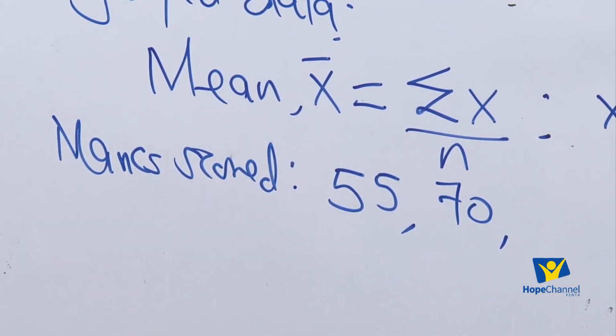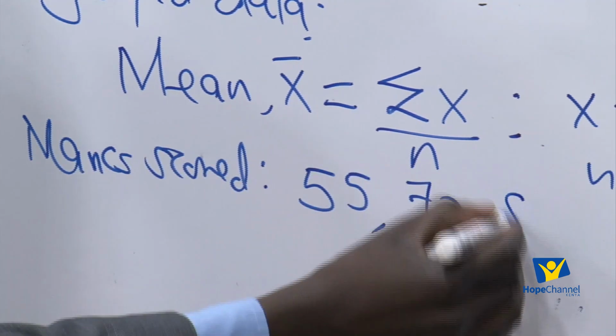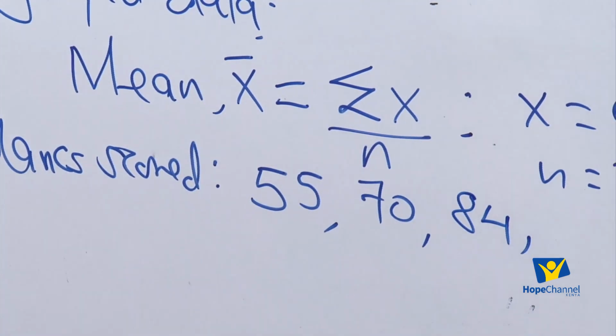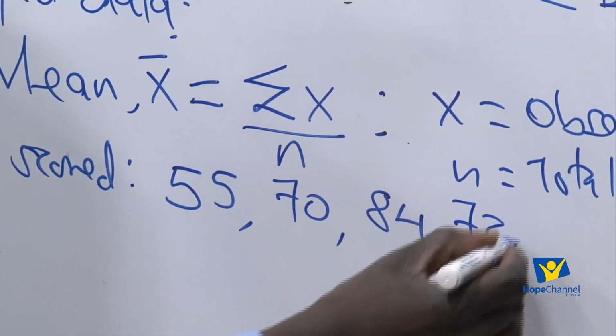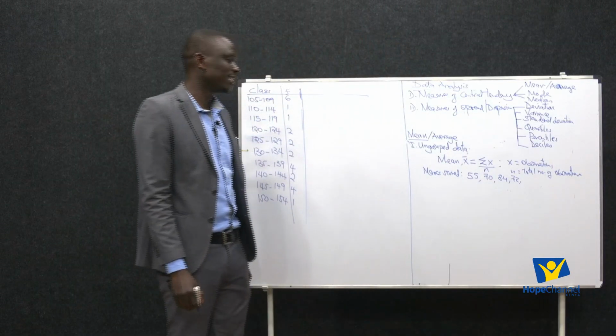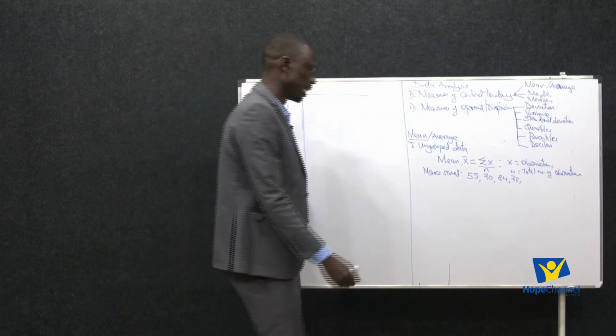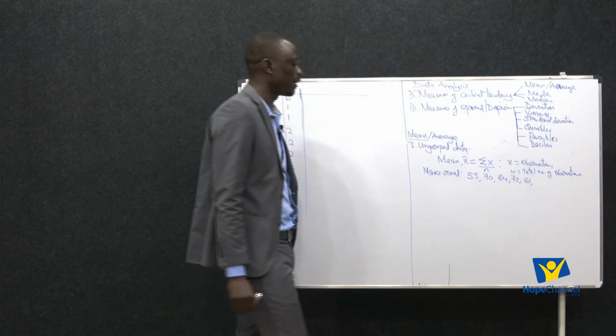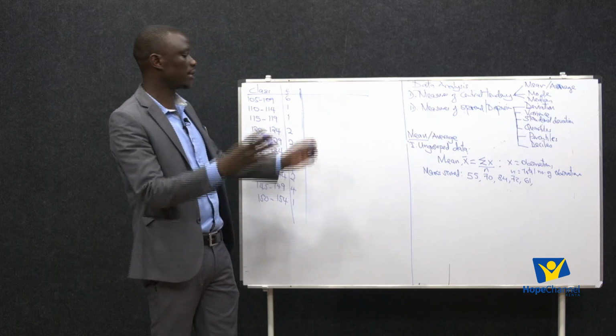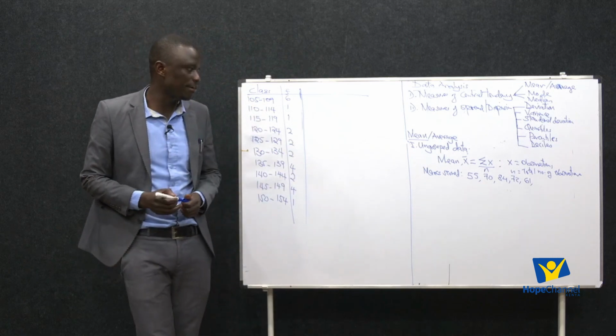In mathematics, that student scored 84. In chemistry, that student scored maybe 72. In biology, that student scored 61. Let's assume that that student is doing 5 subjects.